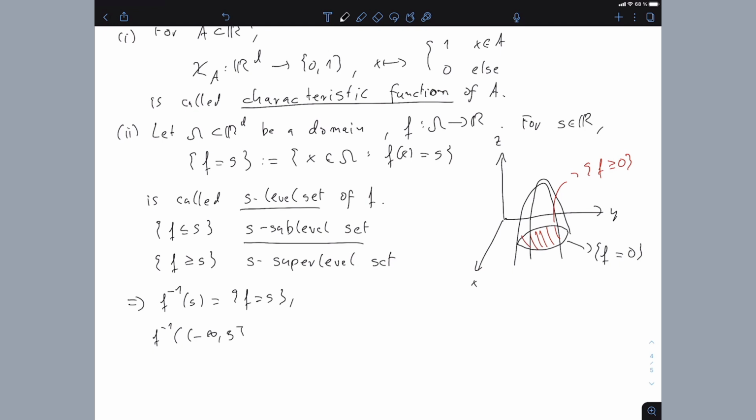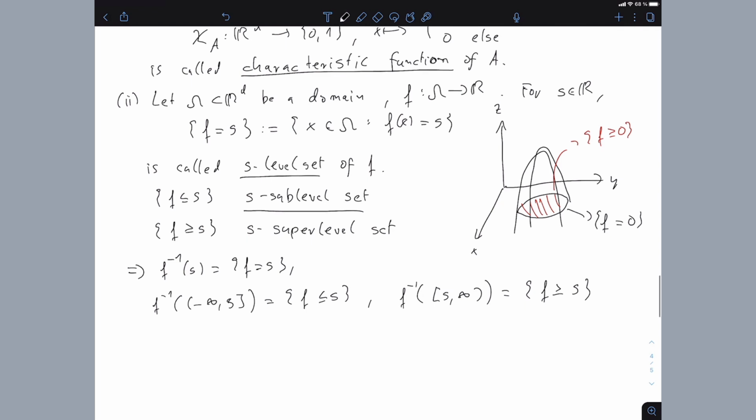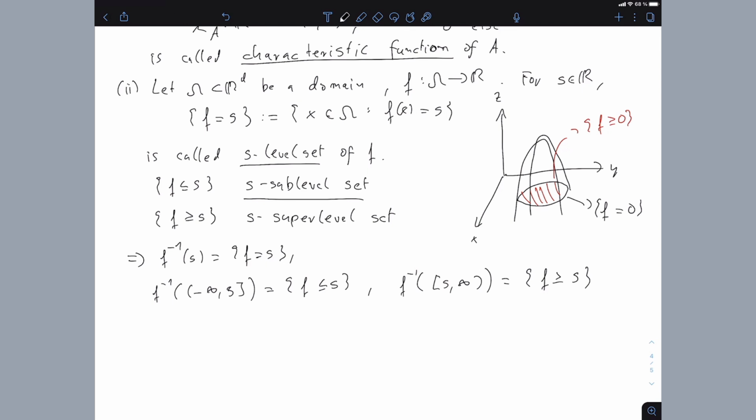The pre-image of the interval minus infinity to s is {f <= s}, and along the same lines, the pre-image of s to infinity is this super level set. And we also have for d equal 2 and d equal 3 special names for these. So {f = s} is also called level line or isoline.